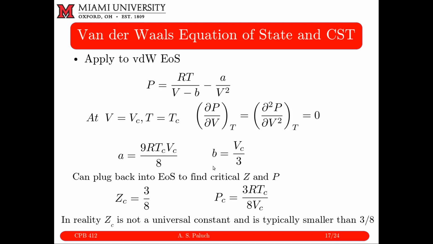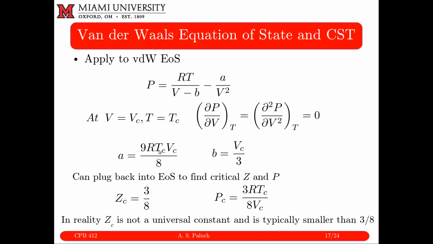Now the significance of this is, if you go back a couple of slides, when we had our polynomial expression for Z, we had these parameters big A and big B, where big A was little a times P over RT squared, and big B was little b times P over RT. So A and B aren't just adjustable parameters.